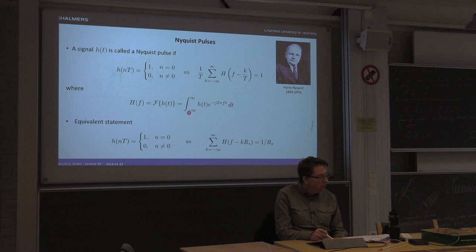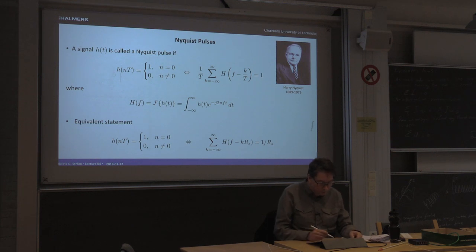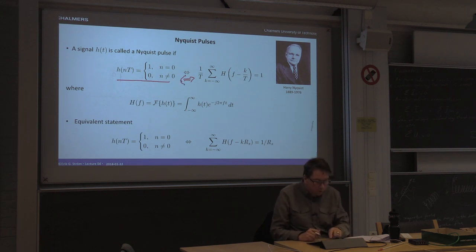And so let's see why this is true. The proof is actually not very difficult. Essentially what we want to do is to show that this implies this, and we will use the sampling theorem to do that. And then we know it goes the other way around also. Okay, so let's do that.